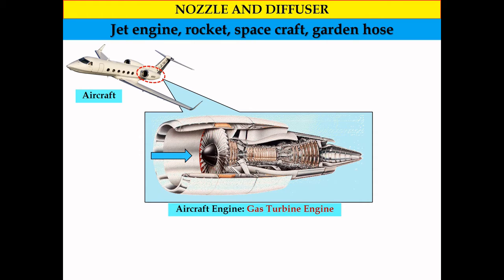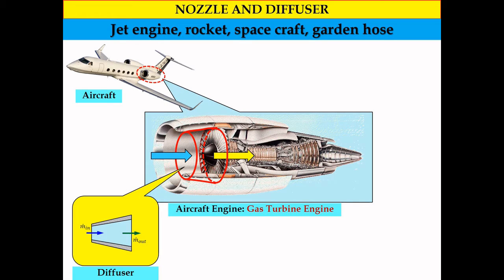So in terms of operation, the air will enter the engine first through the component that we call a diffuser. Okay, and the air will enter the diffuser and then come out from the diffuser to enter the compressor.